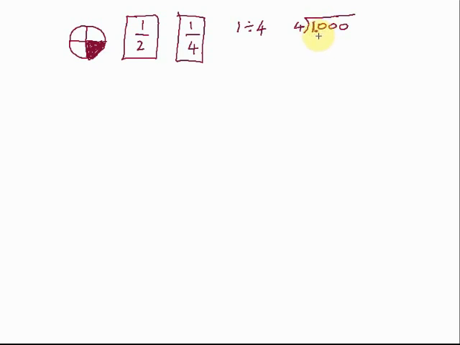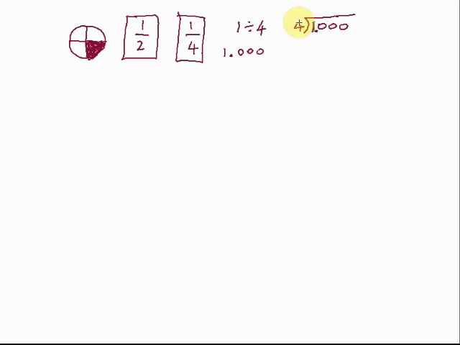Let me write it again over here: 1 point 0, 0, 0. That means just 1, and these are tenths, hundredths, thousandths of 1. So we've got 1 one, no tenths, no hundredths, no thousandths.